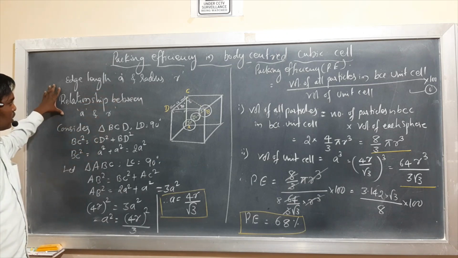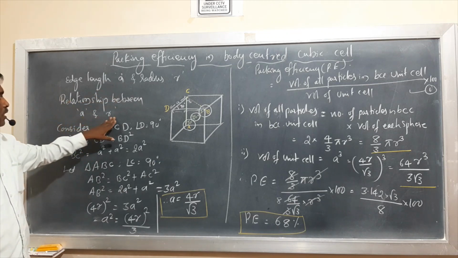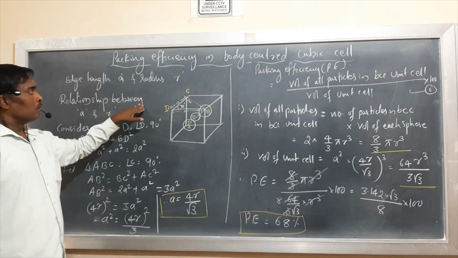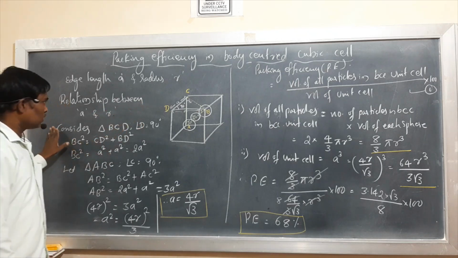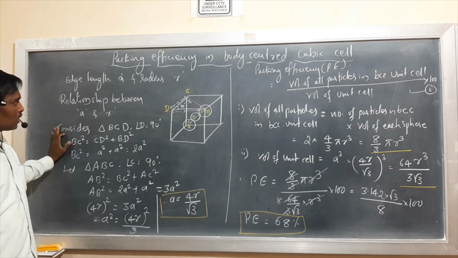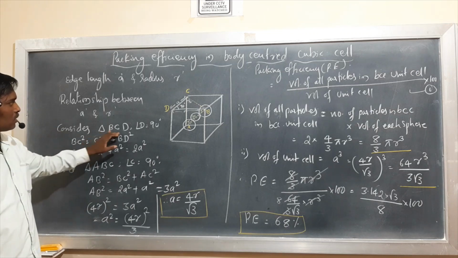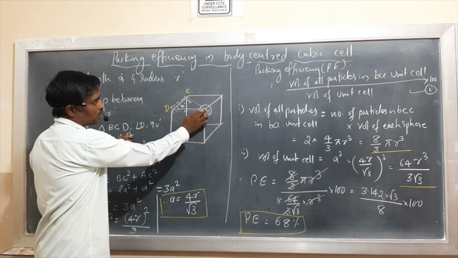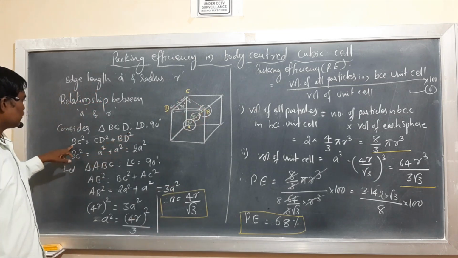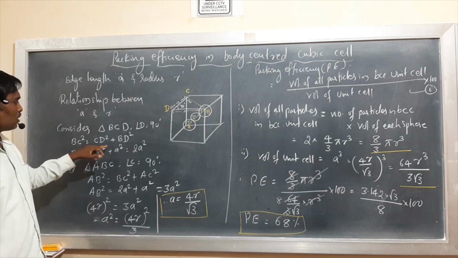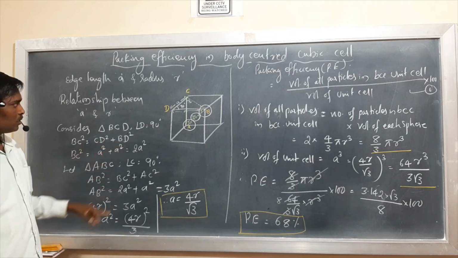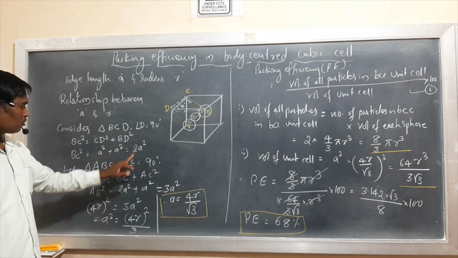Then find the relationship between the edge length and the radius of a sphere or atom. For that, consider two triangles. The first one is BCD, where BC is the hypotenuse. According to Pythagoras theorem, BC square equals CD square plus BD square. Substituting these values, you get 2a square.